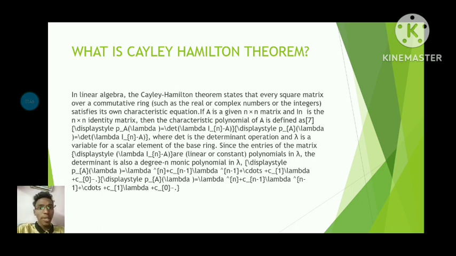It is given as p_A(lambda) = lambda^n + c_(n-1) lambda^(n-1) + ... + c_1 lambda + c_0. Now p_A(lambda) equals lambda^n + c_(n-1) lambda^(n-1) + ... + c_1 lambda + c_0 I.